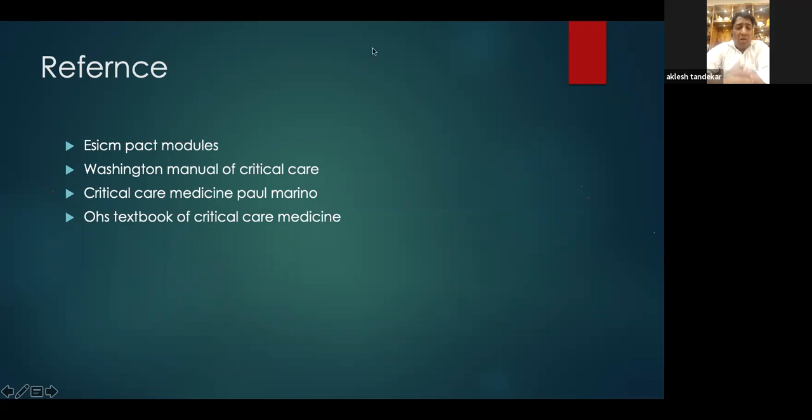If the hemoglobin is low, oxygen delivery to the tissues will be compromised. If you keep on giving fluids for the hypovolemic state in such a situation, that will aggravate the problem, because the hemoglobin may get diluted and the oxygen delivery will be compromised. So it is the hemoglobin part of the oxygen delivery which has to be addressed immediately.